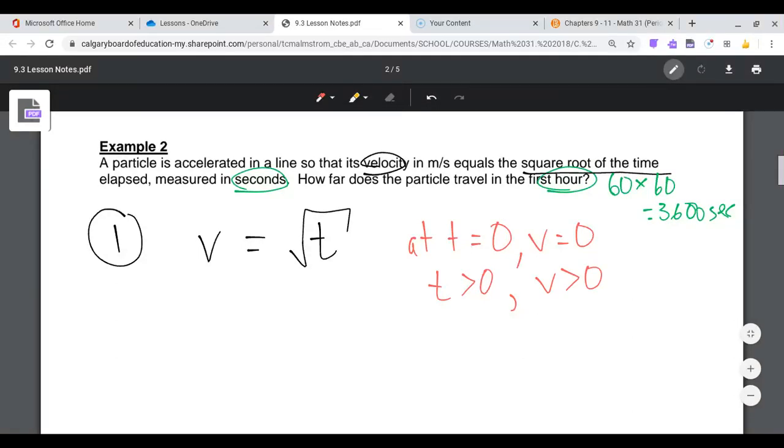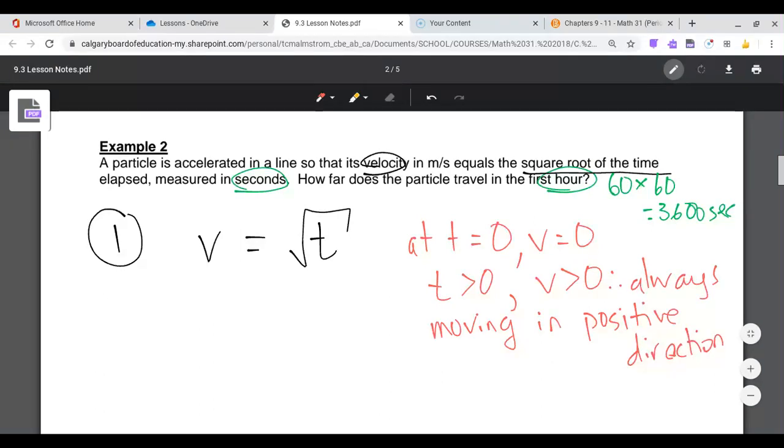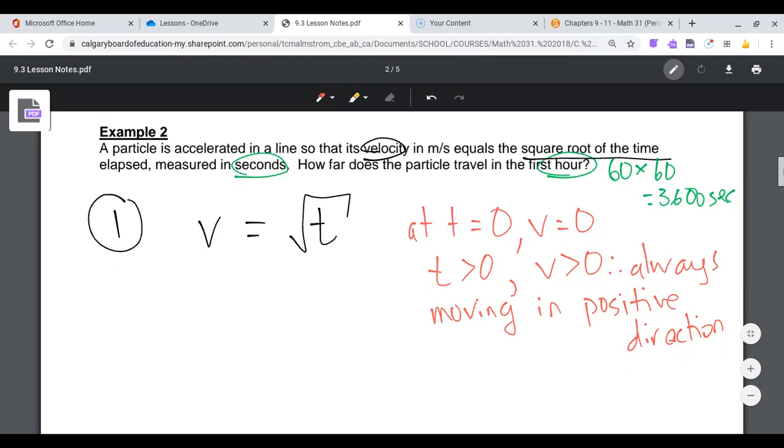So my particle will always be moving in a positive direction, which means I don't have to go through that whole factoring scenario like the other question to see if I have a change in direction before I calculate.